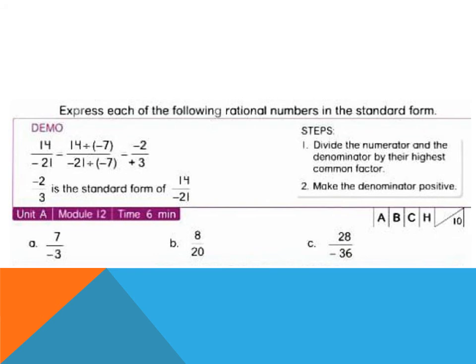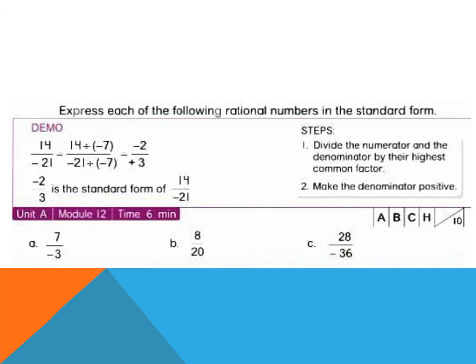In the same way, the standard form of a rational number is the same. You have to find the LCM and cut out the common factors, and the simplest terms will be the standard form. The steps are given in the demo.